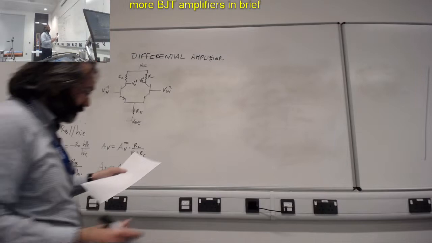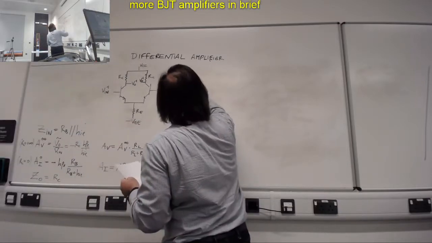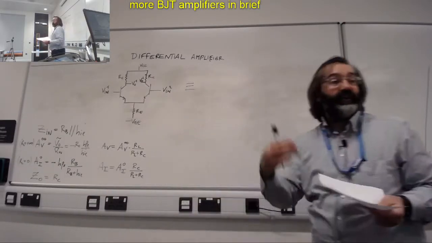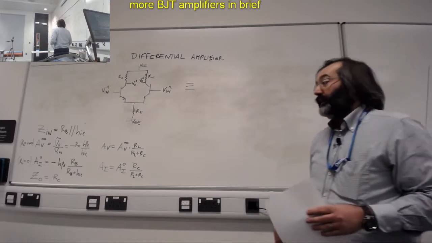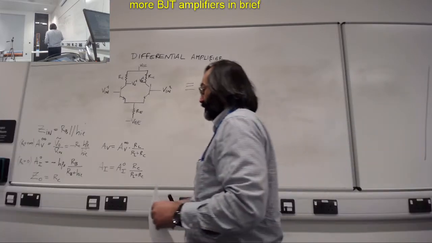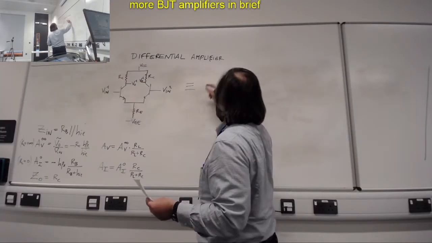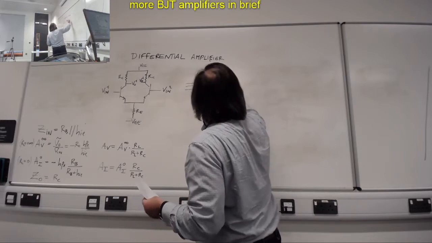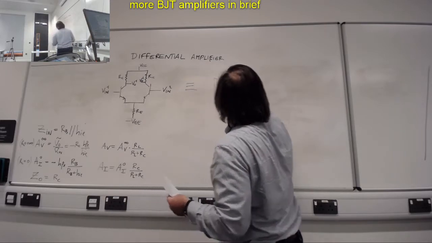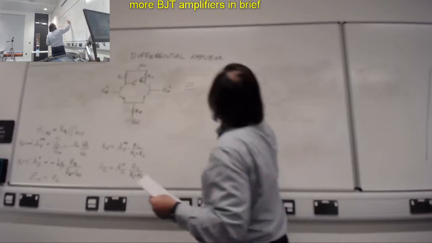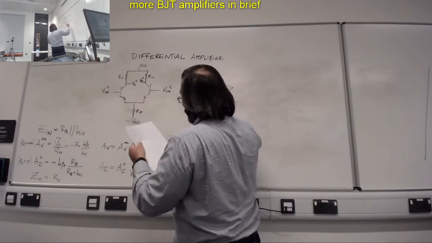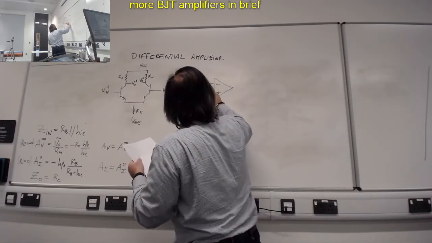So this circuit is equivalent, if you have ever seen or used an operational amplifier, maybe you are familiar with this symbol for the operational amplifier, and effectively this circuit is equivalent to something like this.